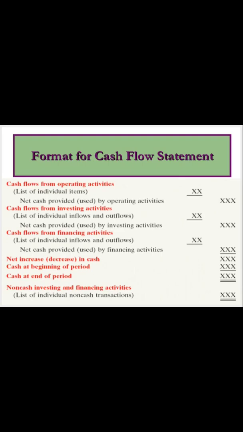So all the adjustments regarding these items has to be listed under the investing activity, and the interest or dividend received also has to be entered in this activity only. After writing all the activities, we have to find the net cash provided by the investing activity.